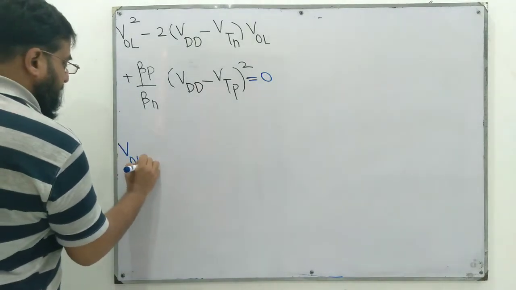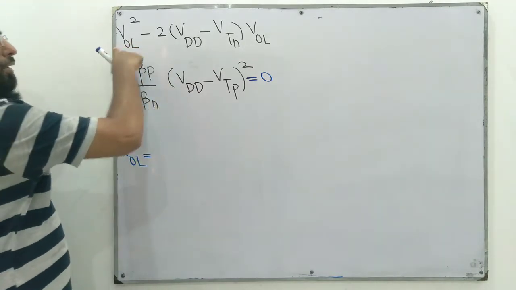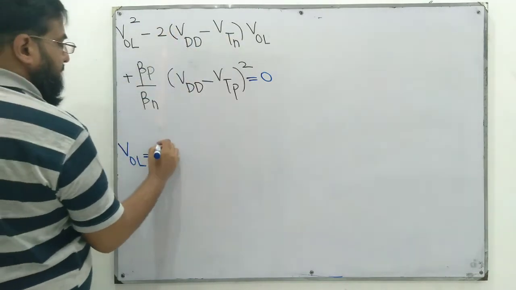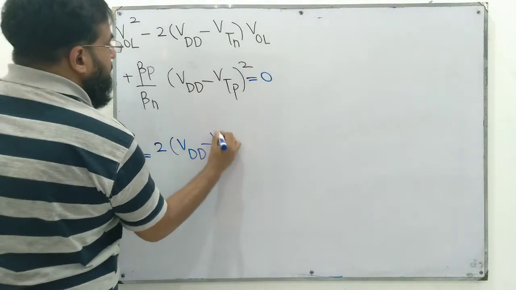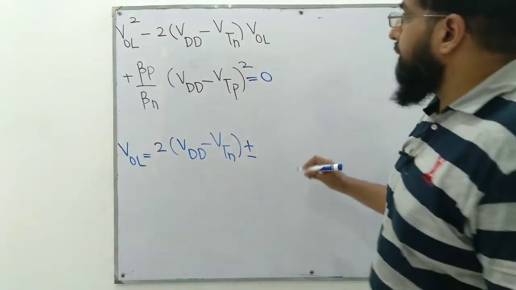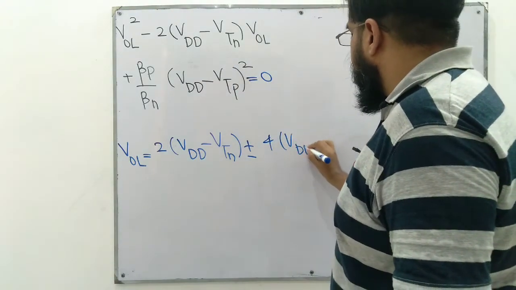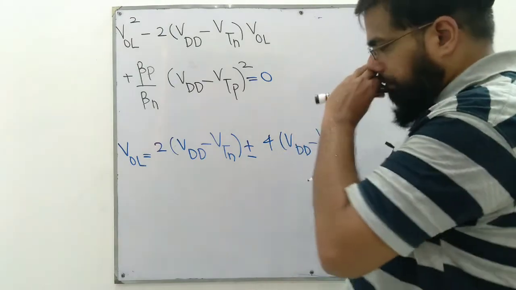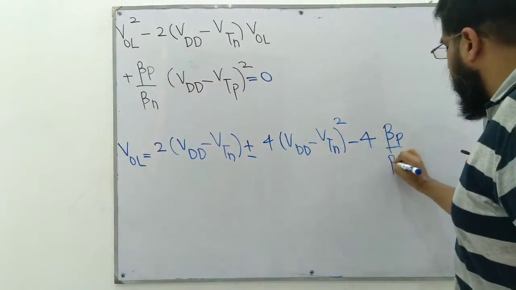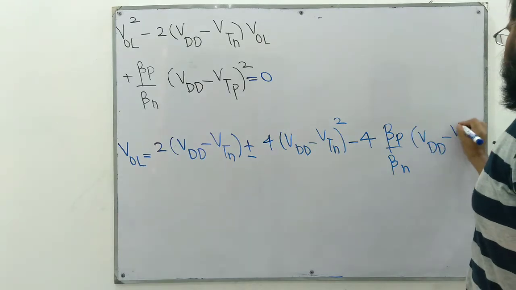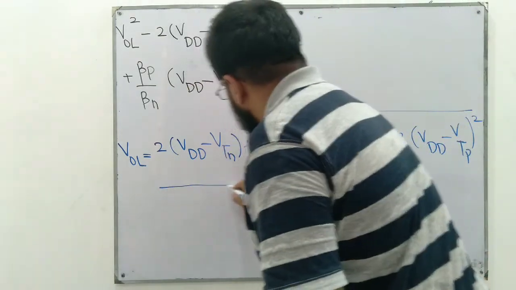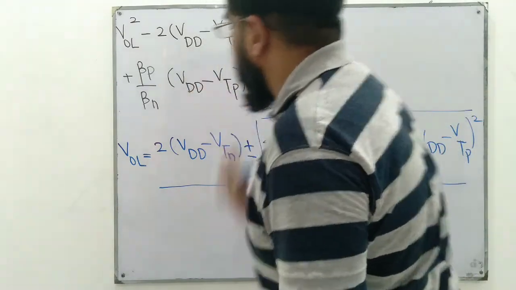That is, VOL is this: the coefficient A is 1, the coefficient B is minus 2 (VDD minus VTN), and this whole is C. So the formula is minus B, 2 (VDD minus VTN), plus minus the square root of B squared, which is 4 (VDD minus VTN) squared, minus 4AC, where A is 1 and C is beta P over beta N times (VDD minus VTP) squared, divided by 2A. 2A is 1.